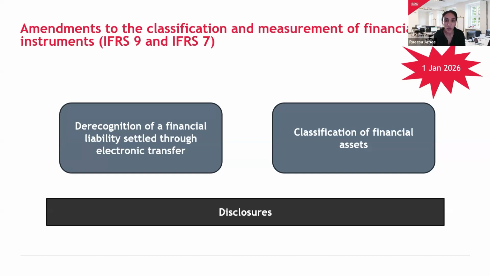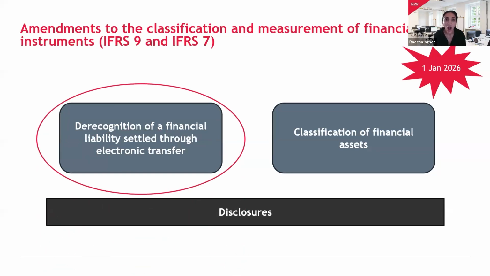So if we start off with the first one, which is an amendment that covers derecognition and recognition actually, but specifically the derecognition of financial liabilities that are settled through electronic transfer. Now, this amendment does 2 things.